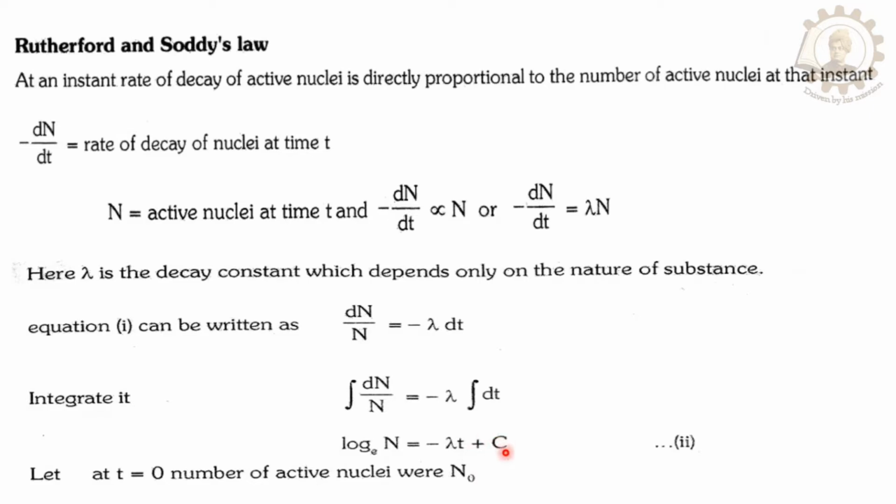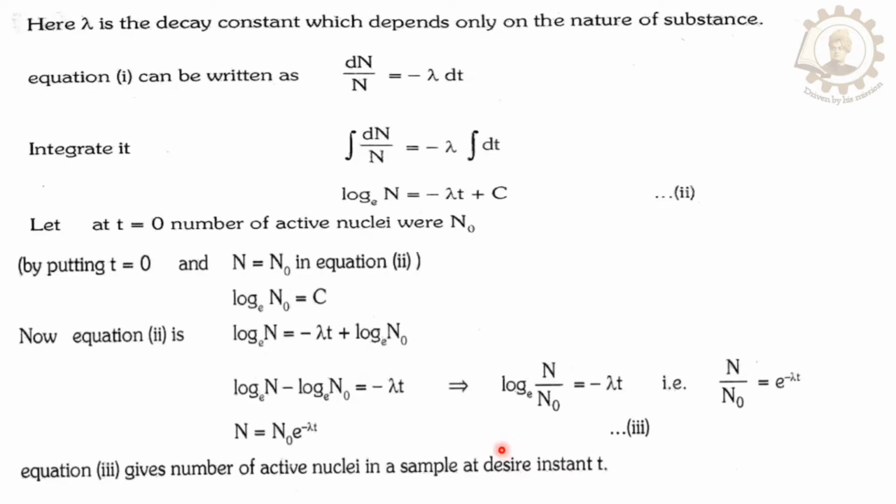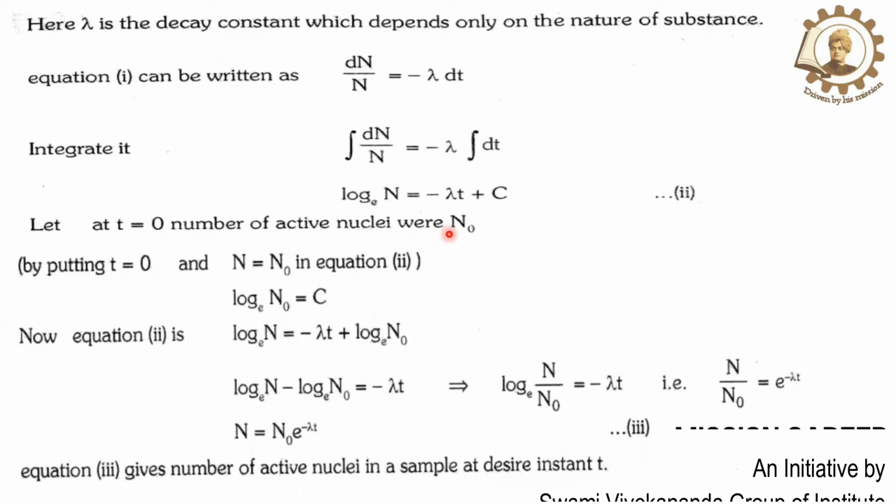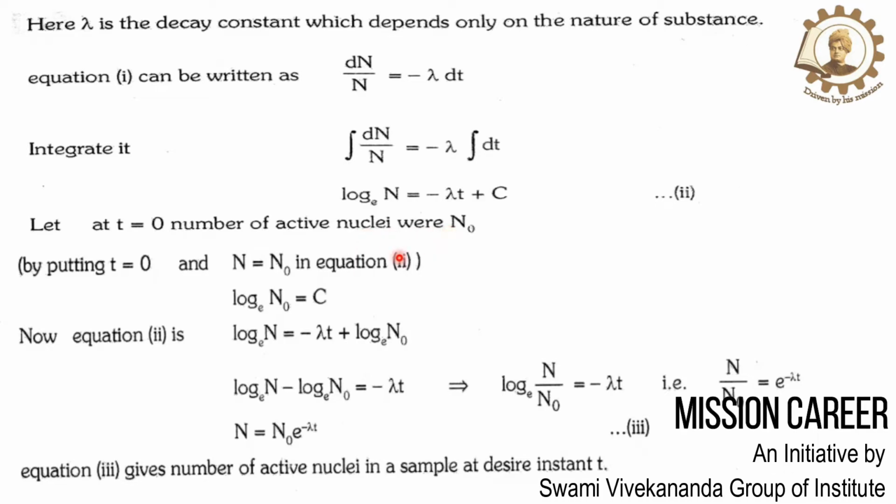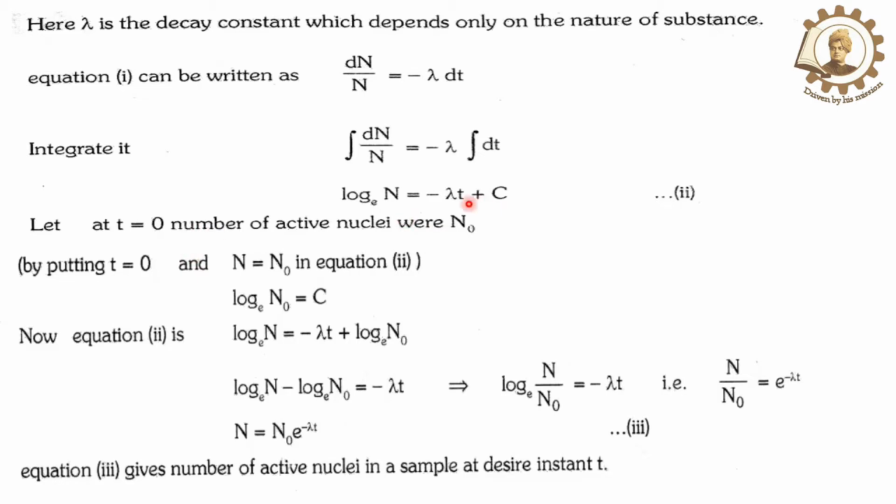Now we have to calculate this integration constant by putting in the initial or boundary conditions. What is the boundary condition? At time t = 0, we consider that the number of nuclei present is N0. If you substitute this condition in equation 2, we get the value of the integration constant as log base e N0.